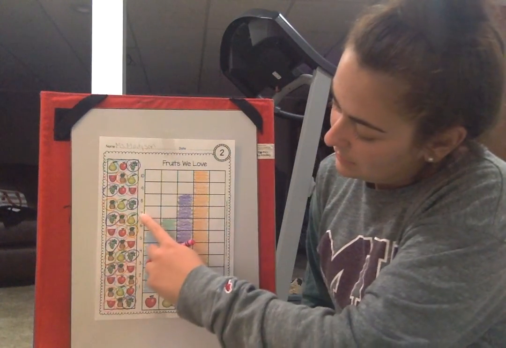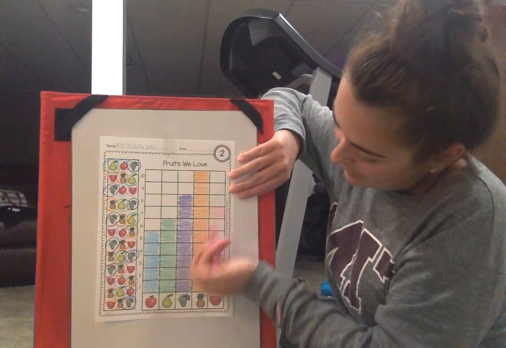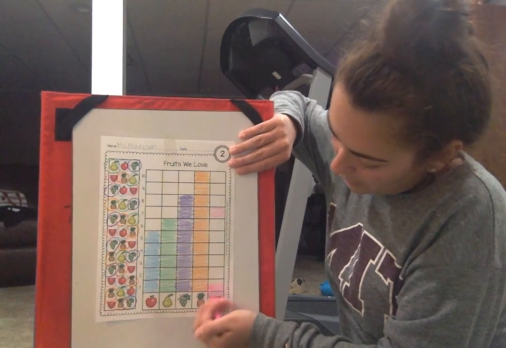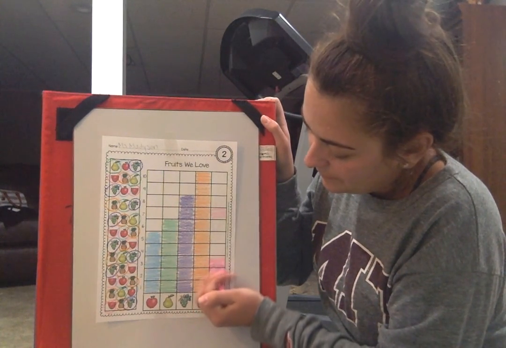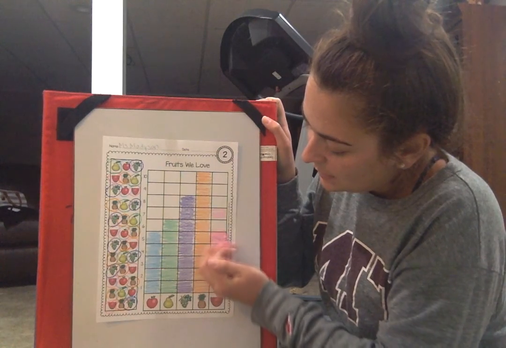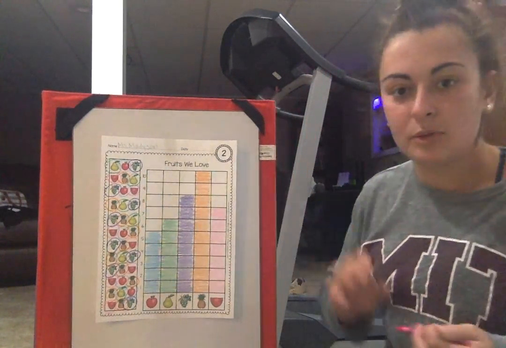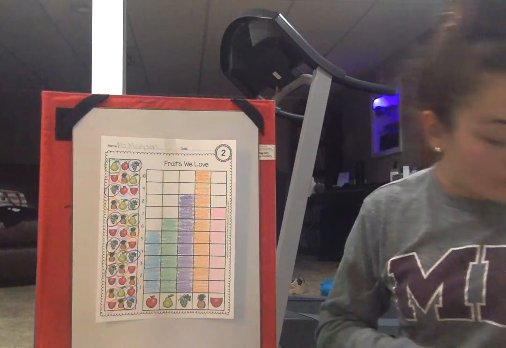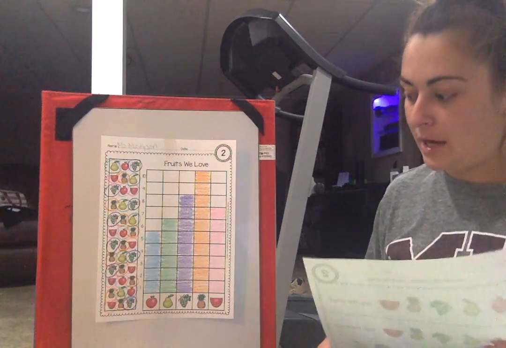We can see that the 7 is here, so I know I need to color to that square. So 1, 2, 3, 4, 5, 6, 7. Awesome job. So let's answer some questions about our graph that we created.